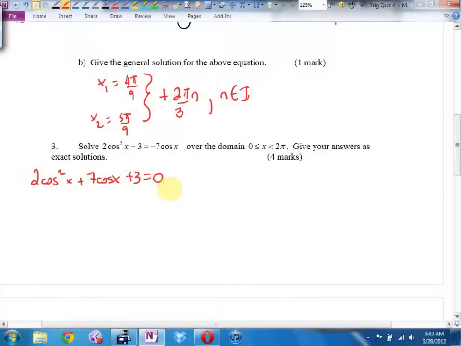And remember, what I'm really seeing is this: 2a squared plus 7a plus 3 equals 0. Except instead of an a, there's a cos. But I'll factor this, and wherever there's an a, I'll put a cos. How's this factor? Let's see.